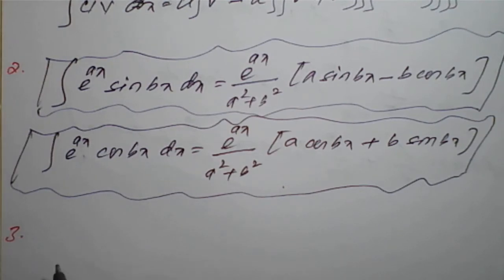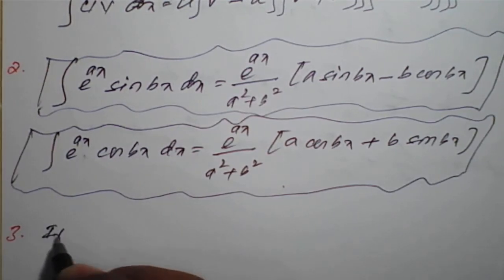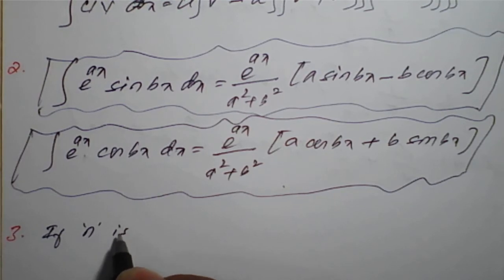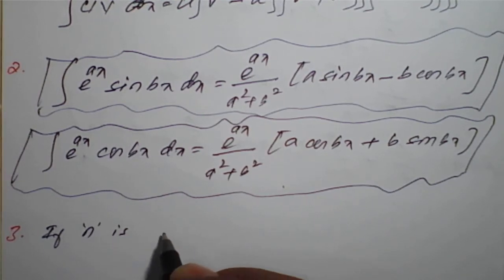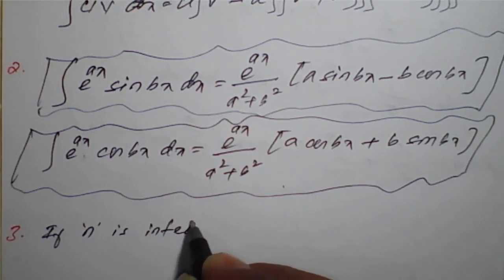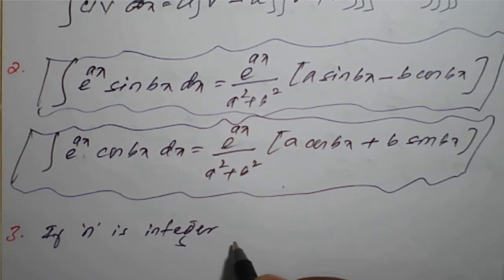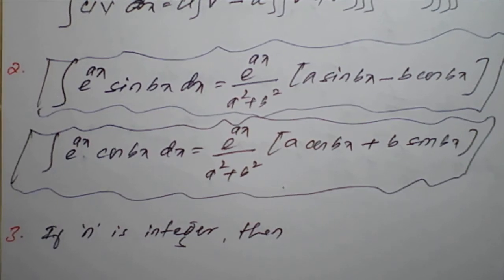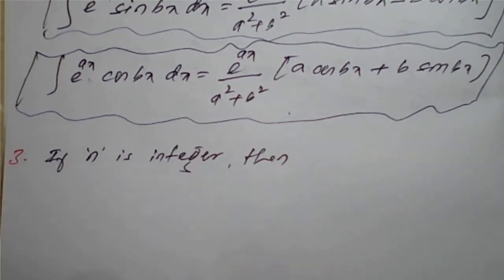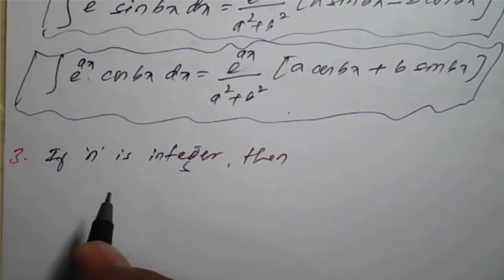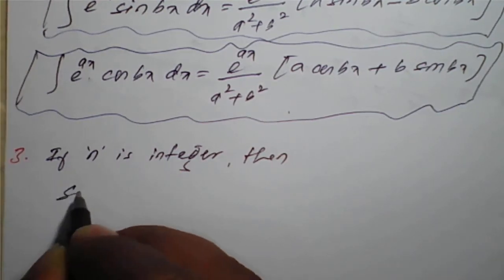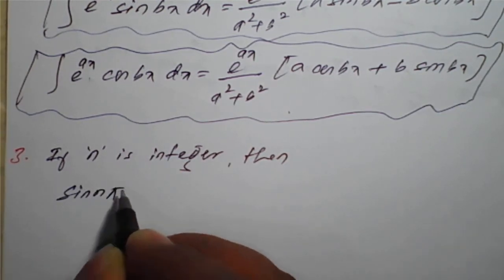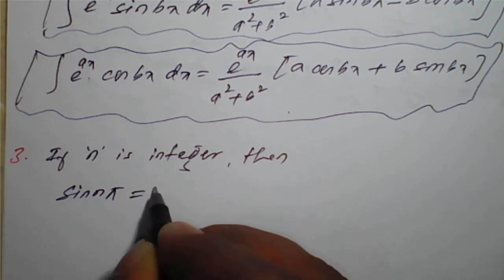Next one. So third one: if n is an integer, then a very important result we have here is that sine of n pi will become 0.